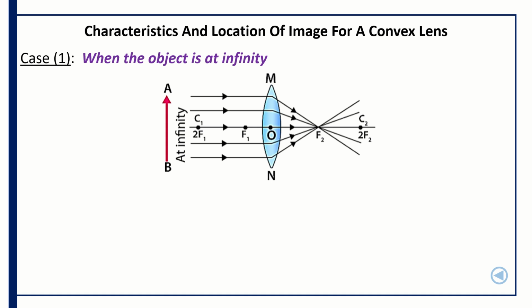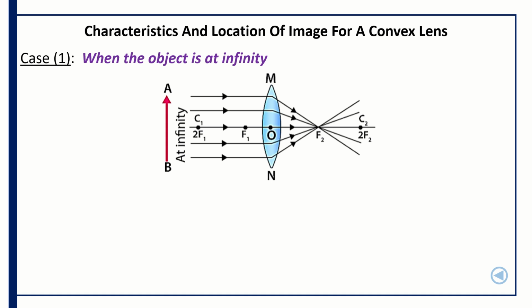So all the parallel rays which are falling on the convex lens are passing through the principal focus F2, and the ray which is passing through the optical center will pass undeviated.